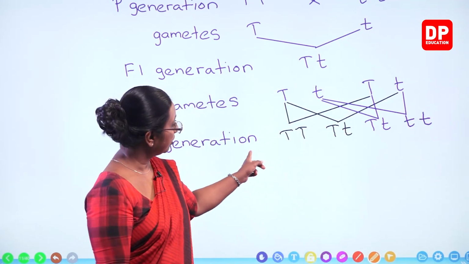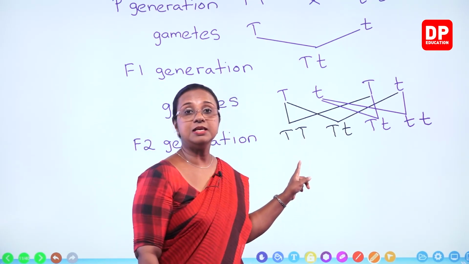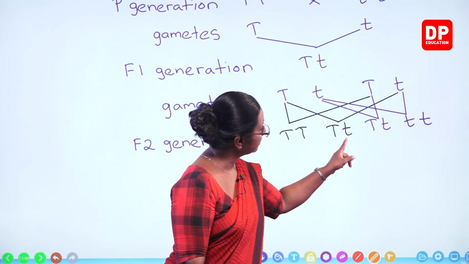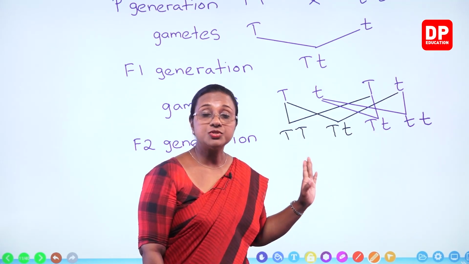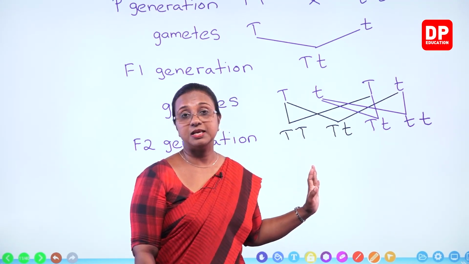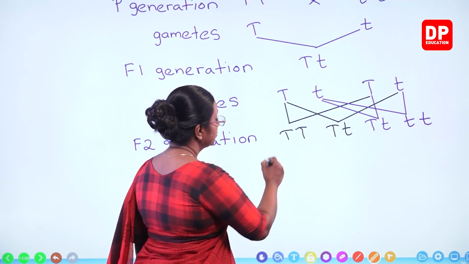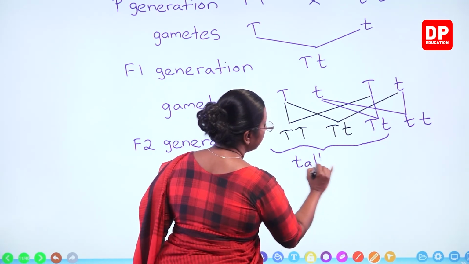Now you look at all the combinations. Capital T, homozygous, tall plants. Capital T, simple T, simple T. Those are heterozygous combinations, but still they will be tall plants. So all these are going to be tall plants.